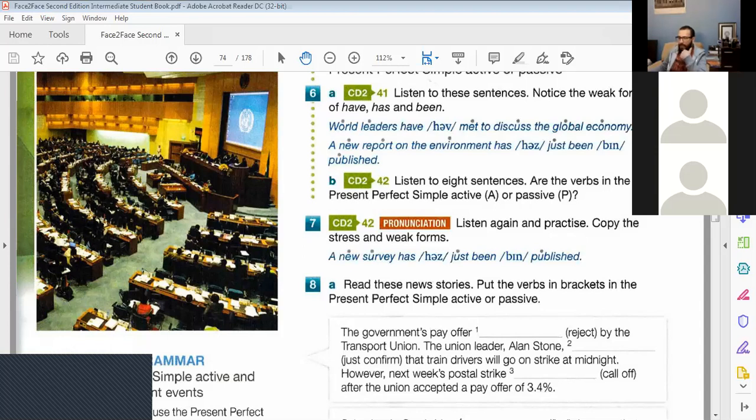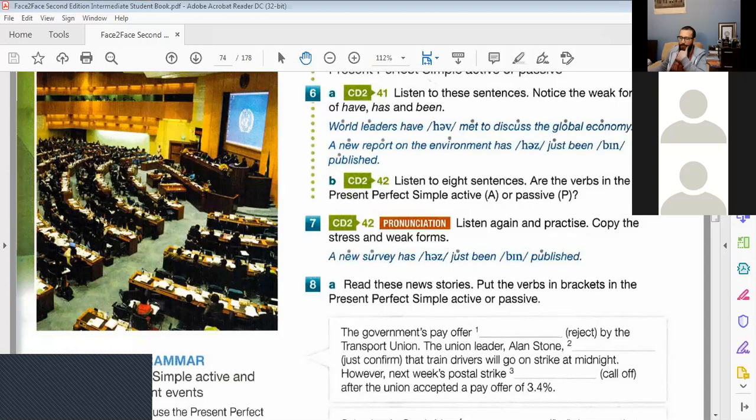Active. 3. Three people have been taken to hospital. Passive. Correct. 4. The police have taken three people to hospital. Active. Correct.